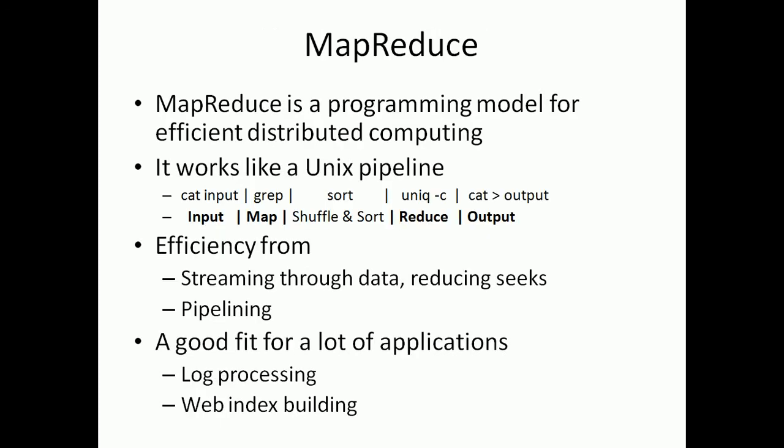MapReduce is a programming model for efficient distributed computing. It works like a Unix pipeline. It is efficient because many operations are done in parallel, since MapReduce is parallel in nature. So it is good for log processing and web index building.